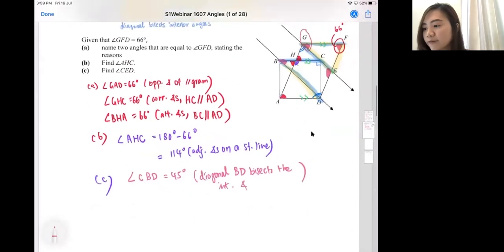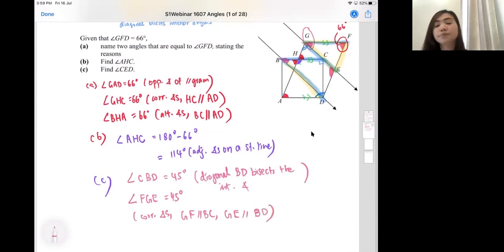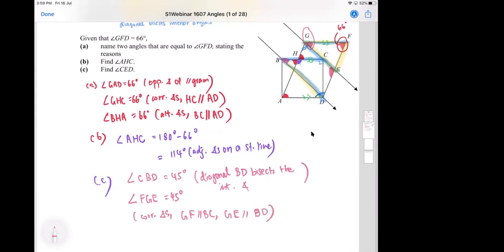So from here, we can find angle FGE. This is also 45, corresponding angles. GF is parallel to BC, GE is parallel to BD, so they are corresponding angles.